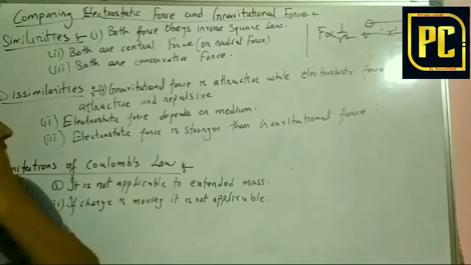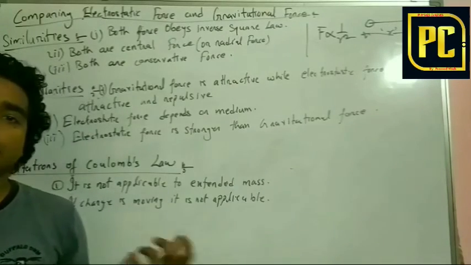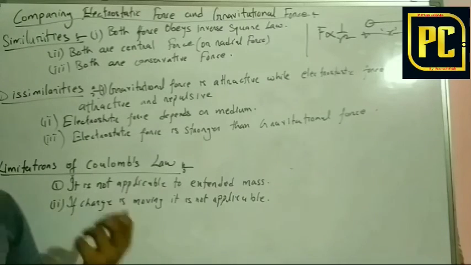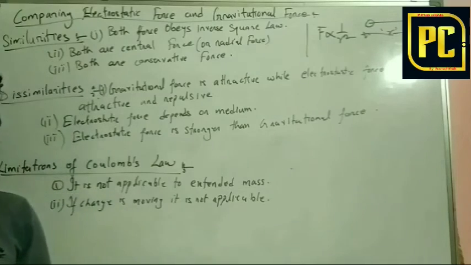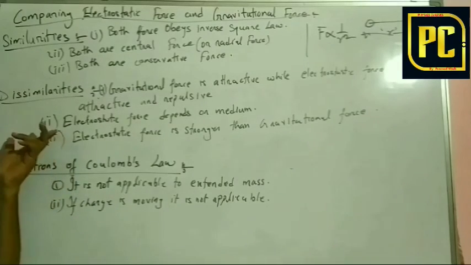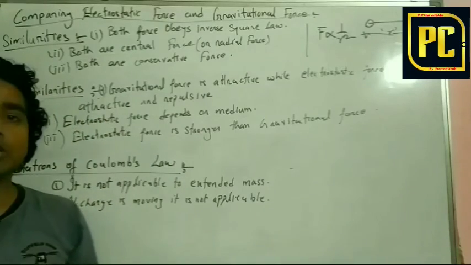Dissimilarities are very easy. Gravitational force is attractive only, while electrostatic force is attractive as well as repulsive, depending on the nature of the charge. Second point is that electrostatic force depends on the medium.